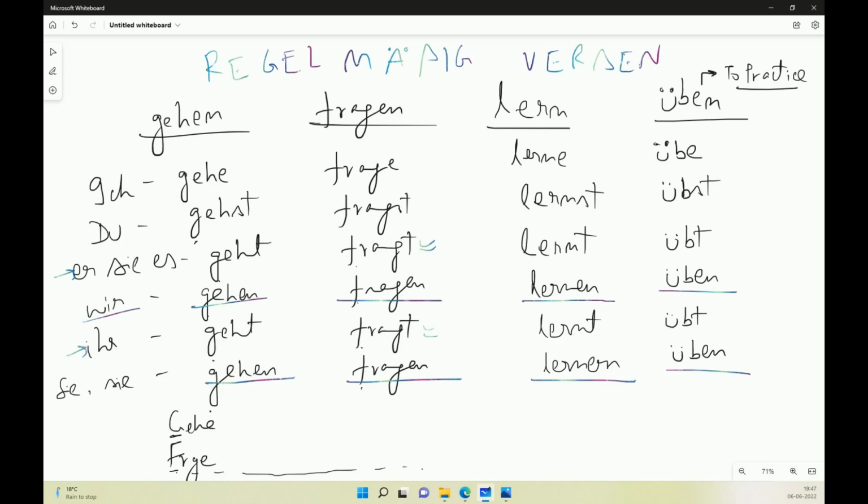That can happen because now we are talking about regelmäßig verbs, which follow the rules. I am not quite sure, so I'll make a note of it. Just give me a quick moment. I'll check it out. And if it is not following the rule, that means it is an unregelmäßig verb. Okay, I'll get back to you.